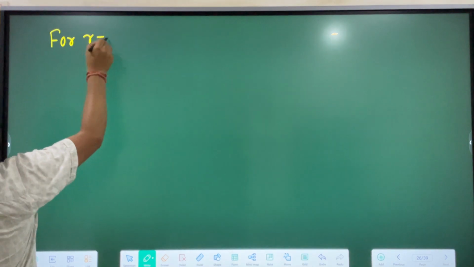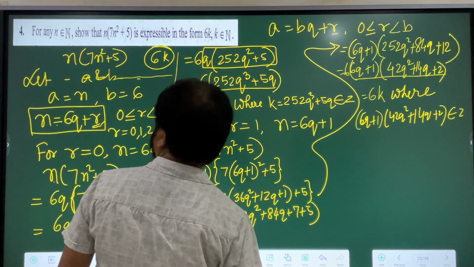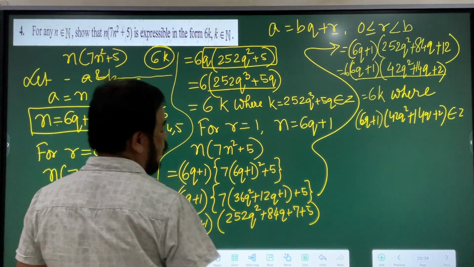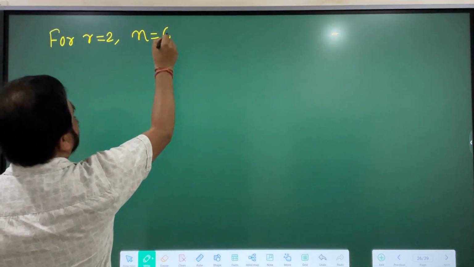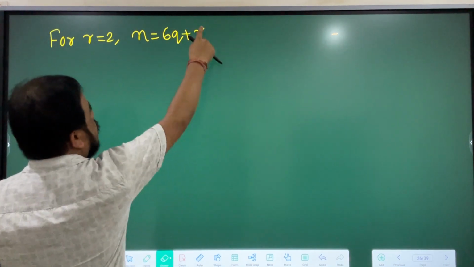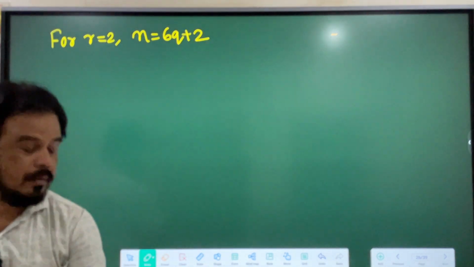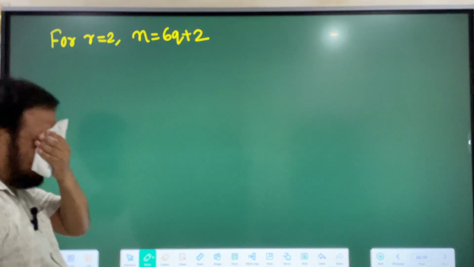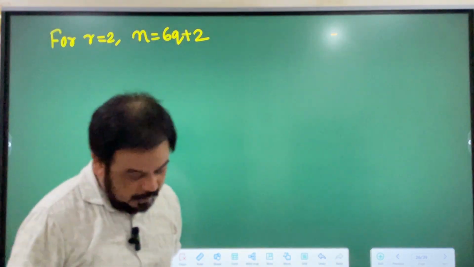For r equals 2, what is there? n equals 6q plus r, and r is 2 now. Sorry. Now the term is there.